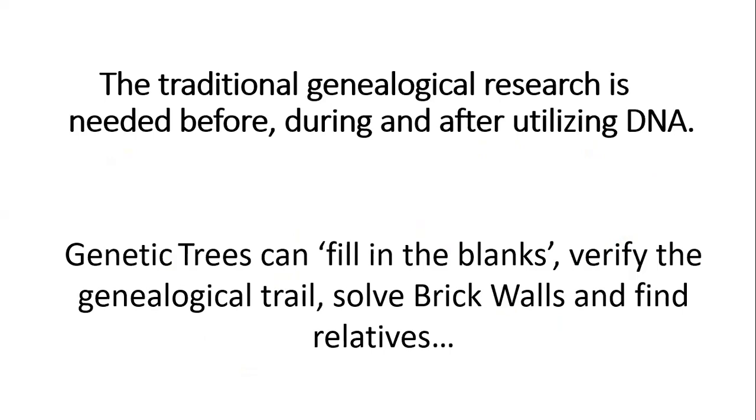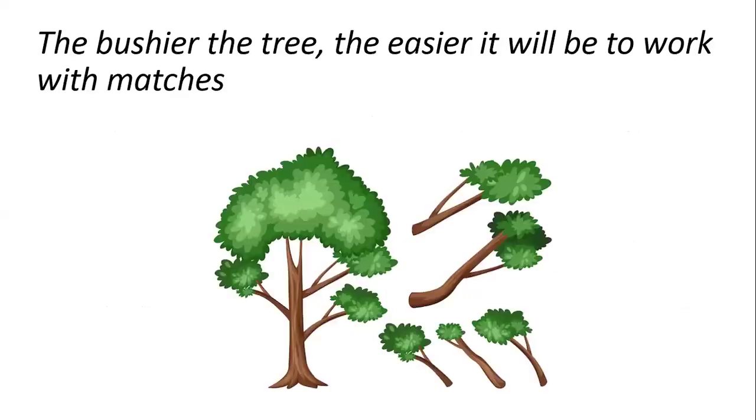The traditional tree research is needed before, during, and after utilizing DNA. Not just one time, you've got to do it throughout the process. Genetic trees can fill in the blanks. They can verify the genealogical trail, solve brick walls, and find relatives, and sometimes research partners that can help you with it.